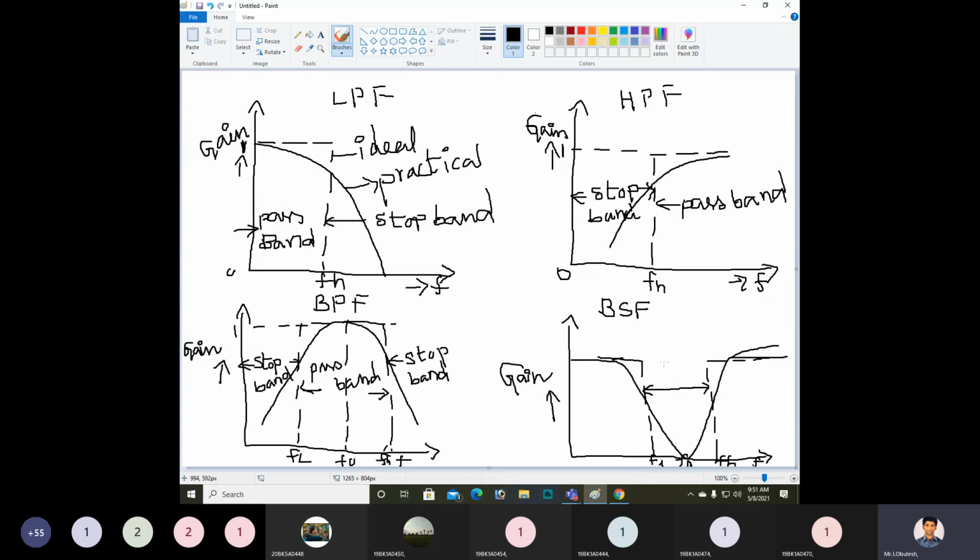This is the stop band filter. This is the stop band region.